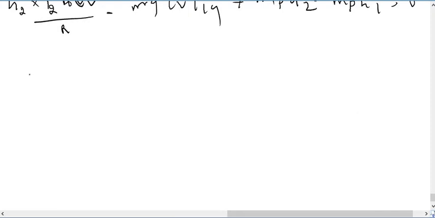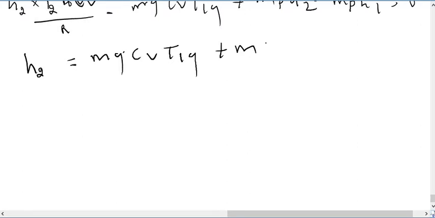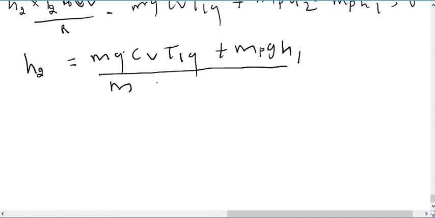So by making H2 the subject of the formula, we get that H2 is equal to mass of the gas Cp T1 of gas plus m_p g H1 all over m_p g into 1 plus Cp over R.